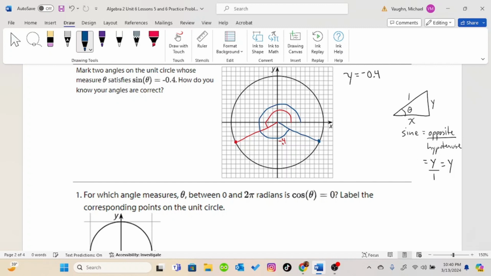So these are two angles on the unit circle whose measure theta satisfies sine of theta equals negative 0.4 because they end up with a point where y equals negative 0.4.